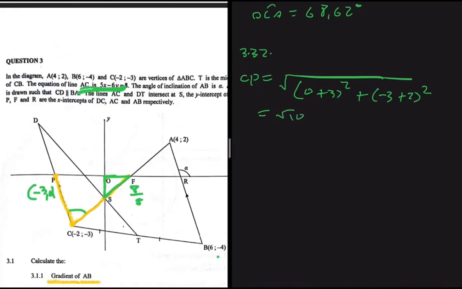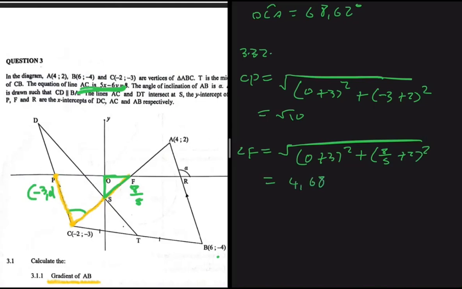Now let me do CF, taking F as the second point: 0 plus 3 squared plus 8 divided by 5 plus 2 squared. CF, I'm getting 4.6861. Let's not round off to 2 decimal places when we're not at the final answer, right?